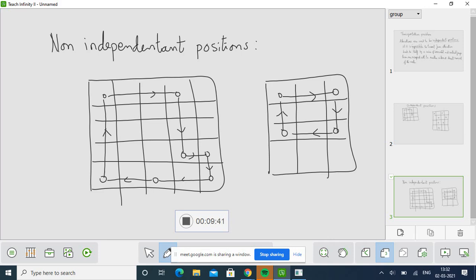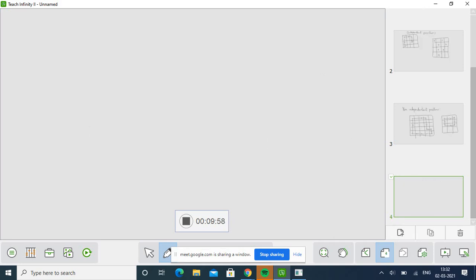Okay, right. So now we know what is an independent position, what is a non-independent position. Based on this occupation only, we are going to go into finding out whether our solution is an optimal one or not. How to find out whether it is an optimal solution?